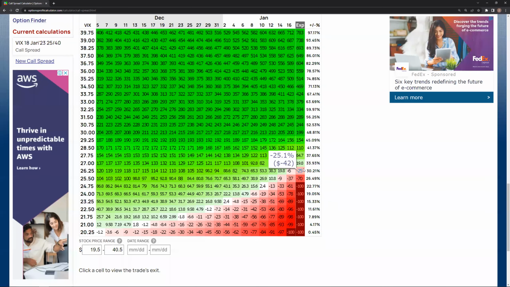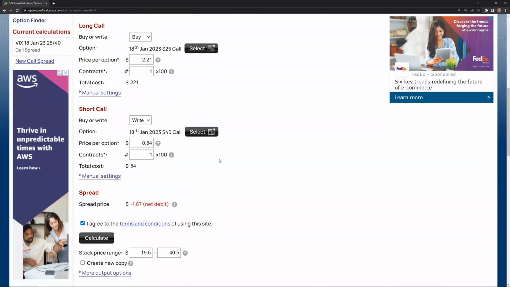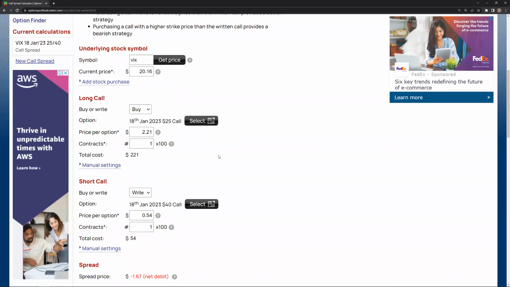And then anywhere below here are your losses. For example, all of this here is a 100% loss, meaning you will lose your entire option contract, which is 167. So your maximum risk is 167. You can come here and play around with it. You don't need to do manual calculation.